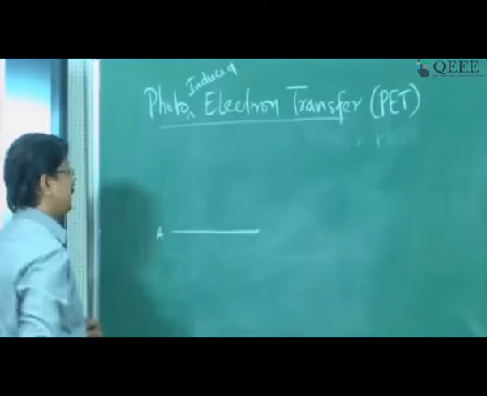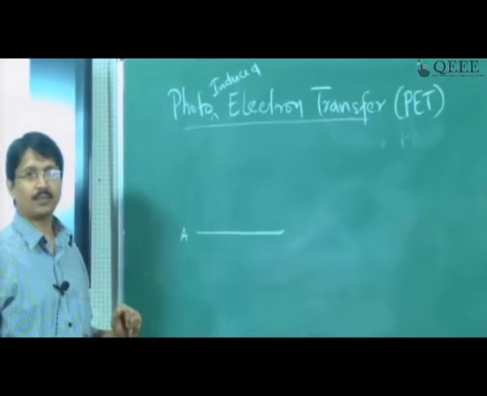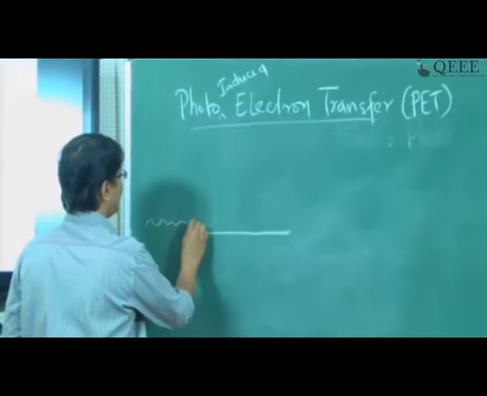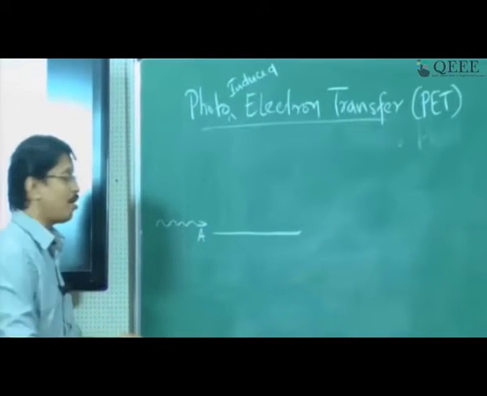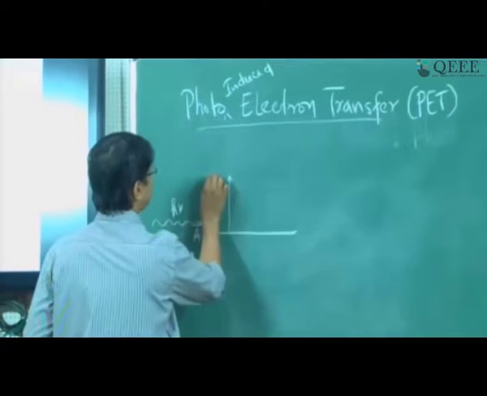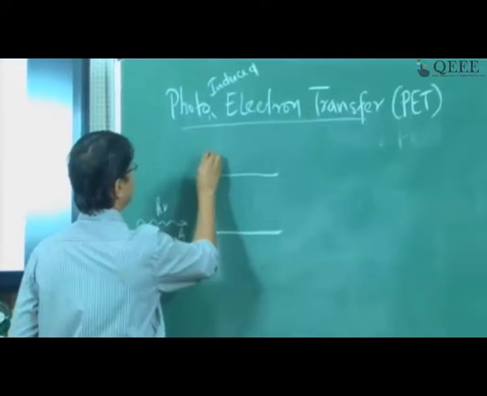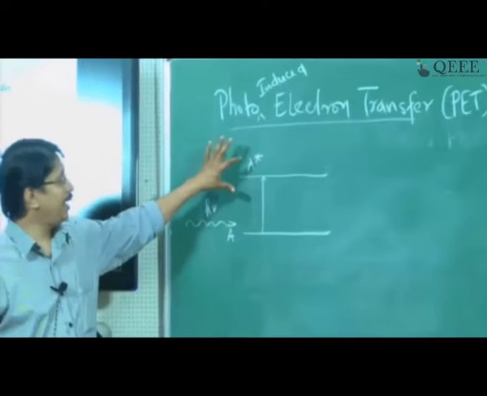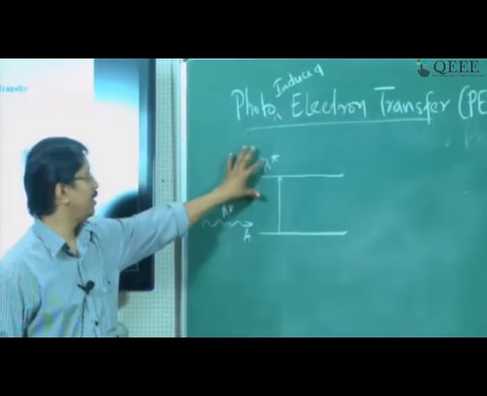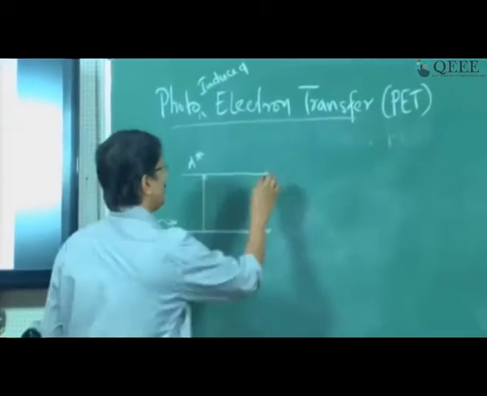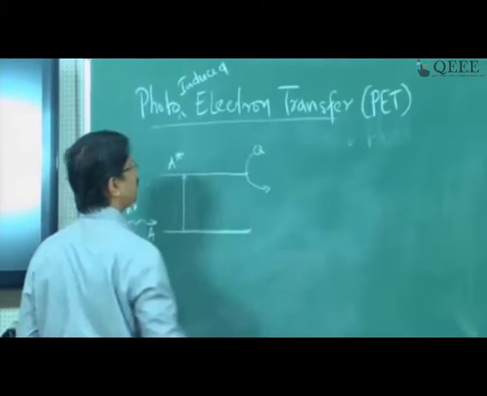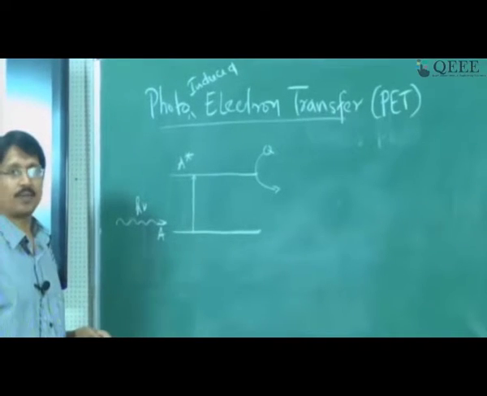Assume that this is the ground state, the molecule is in the ground state, and you irradiate or shine light. Light energy is absorbed by the molecule. What is the excited state? This is A star. In photophysics, A star denotes a molecular system with high energy, in this case electronic energy. Now another molecule, a quencher, let us say Q, comes and interacts.